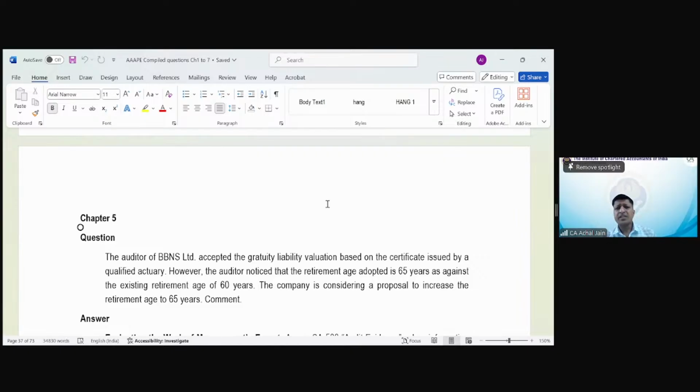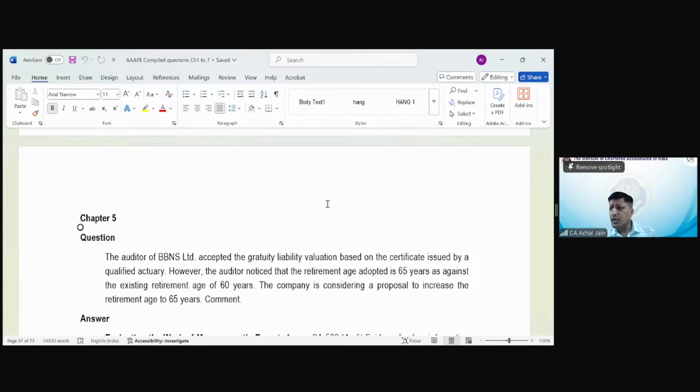This 65 years is considered in the certificate as against the existing retirement age of 60 years. The company is considering a proposal to increase the retirement age to 65 years. Now, in this case, what will you do as an auditor? Over to you.